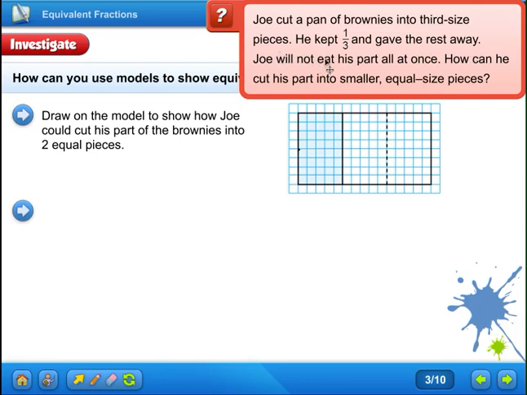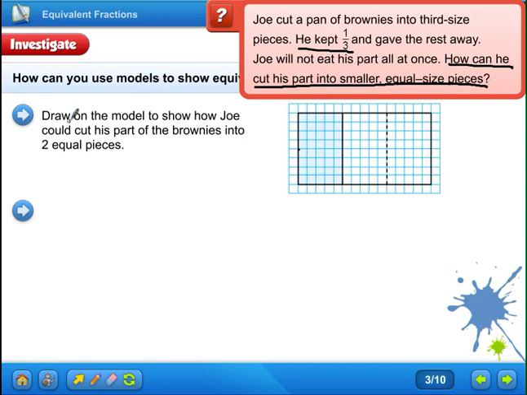Joe will not eat his part all at once. How can he cut his part into smaller, equal size pieces? So what he kept is 1/3, and he wants to know how can he cut his part into smaller, equal size pieces.